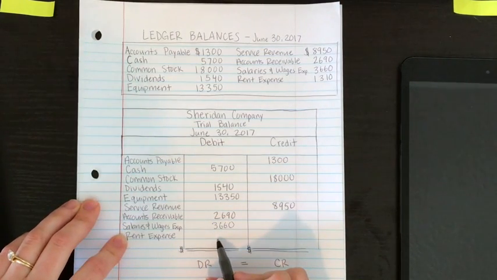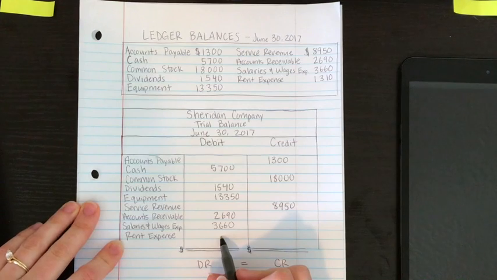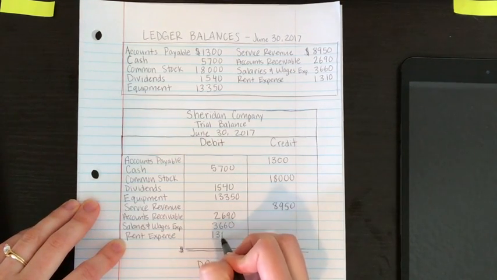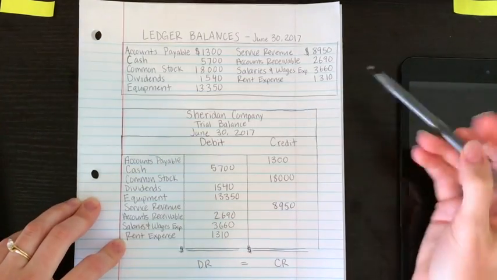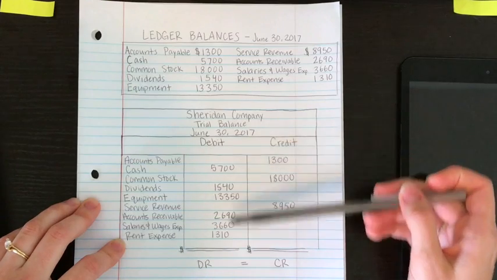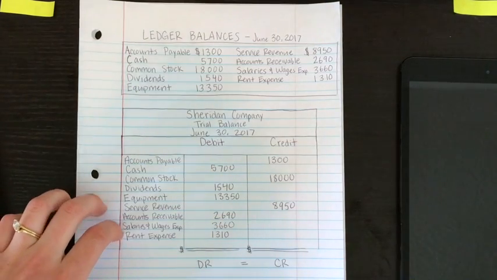And rent expense, same rules for this account. It's an expense, therefore it goes in the debit column. Now you can see that wasn't too difficult. We listed the balances in the appropriate columns.